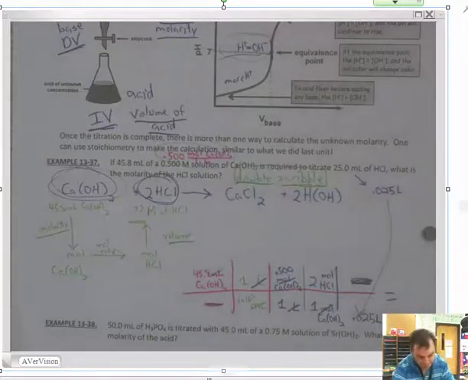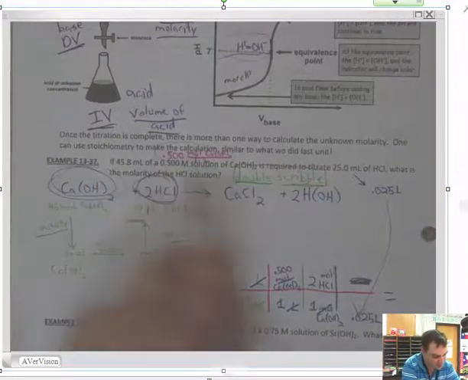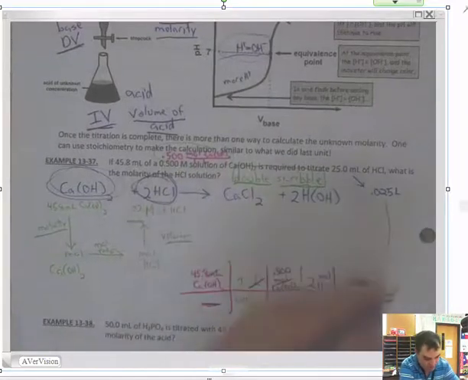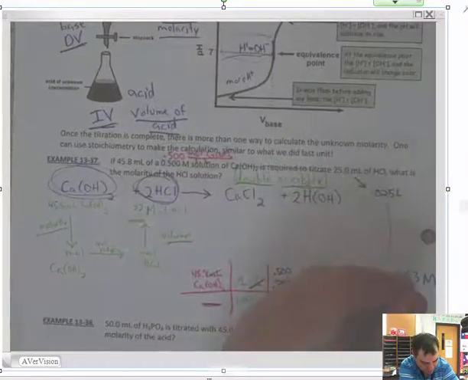And we will get an answer. Three sig figs, 3 sig figs, 3 sig figs. So my answer is 1.83 molarity HCl.